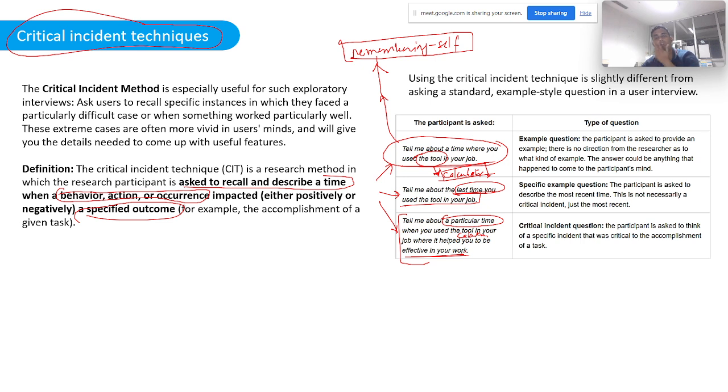So then probably he will remember a critical incident in his past, and he will probably give an answer which is more valuable to you. For example, in a critical incident technique, when you ask these sorts of questions, often an interviewee's response includes a very positive or very negative experience. That means he will either talk about incidents where the calculator helped him a lot.